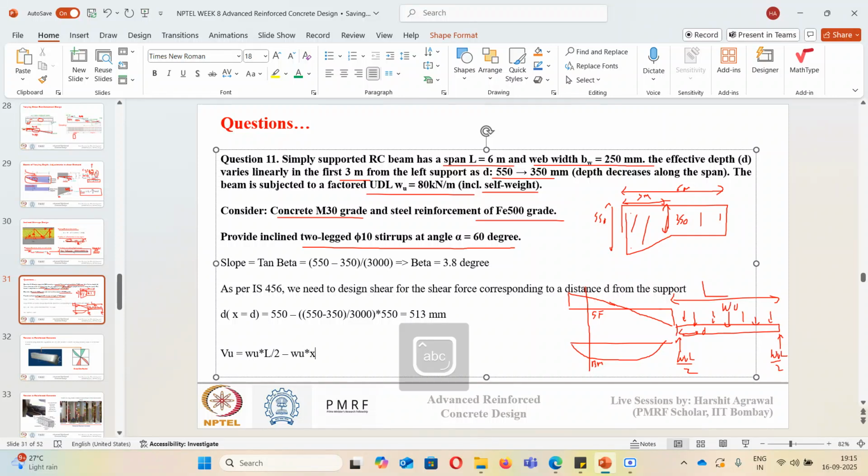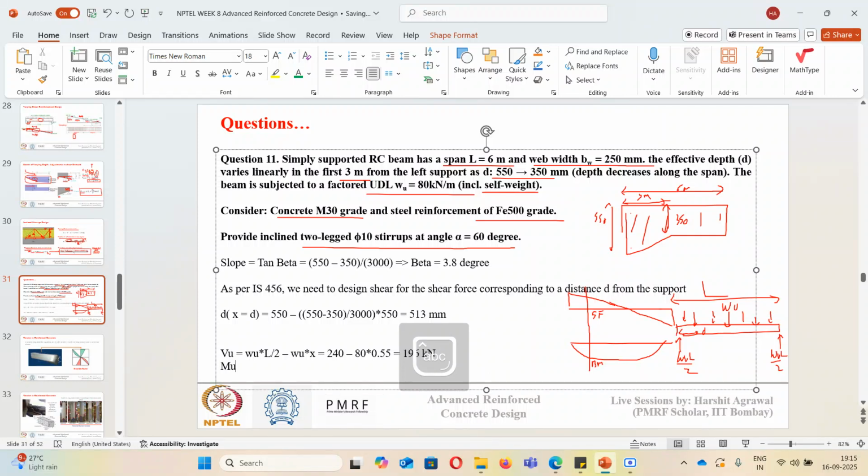This x is this d that I have calculated, which is 550 mm. So it will be 240 minus 80 times the distance, 0.55, since I have converted 550 mm into meters. This Vu value comes out to 196 kilonewton.